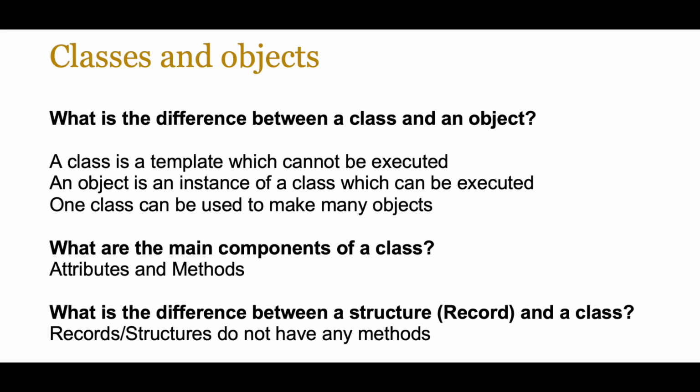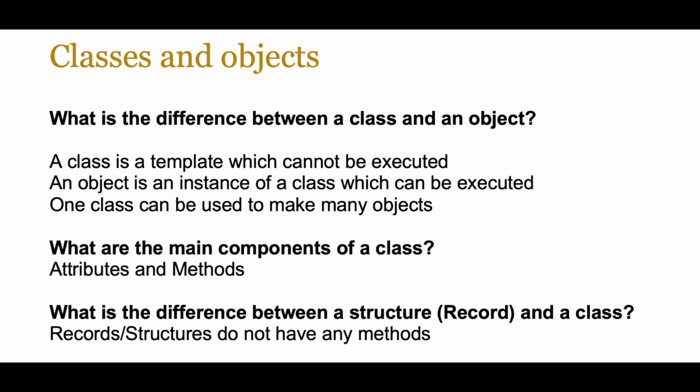So what is the difference between a class and an object? Let's start with that. A class is a template which cannot be executed. So it's kind of like that abstract schema that you create in perhaps databases, and an object is an instance of a class which can be executed.